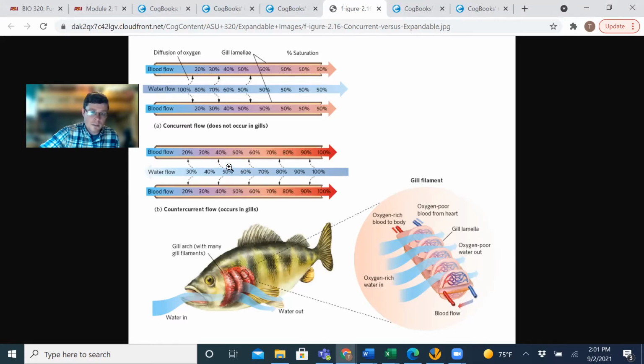So if there's higher concentrations of oxygen in the water due to the flow, it's going to come into the gills. So the fact that these numbers are lower and these numbers are higher is going to tell us the direction of blood flow. Versus up here, if it's going the same direction, you get some absorption here, but then eventually it equilibrates going in the same direction. So there's no longer going to be uptake here, where right here, because it's the opposite, you're going to have uptake throughout the entire process.